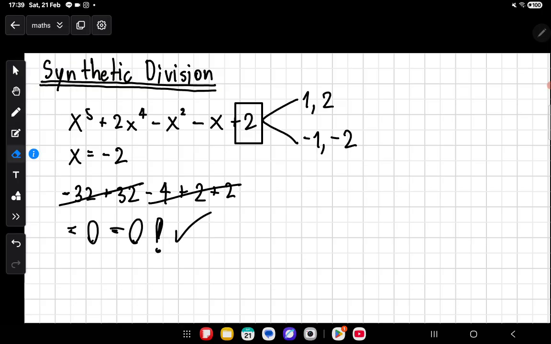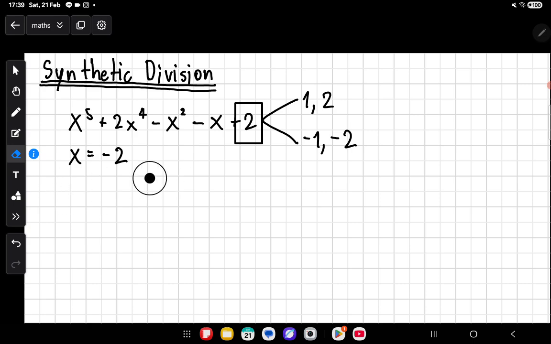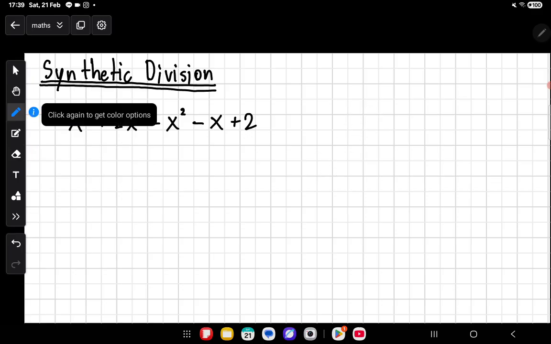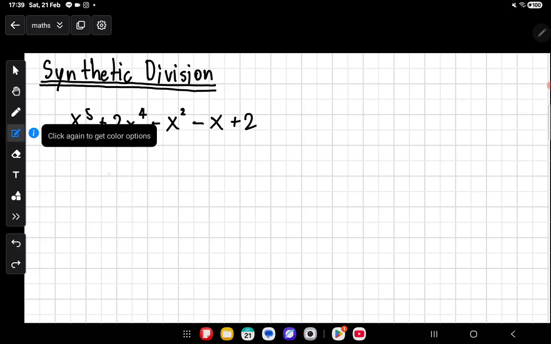Correct. So we will be using -2 for our synthetic division, right? Now, the method is the same. You get -2. And what I'm saying is you basically do everything in reverse now.